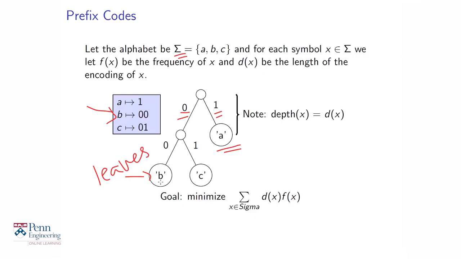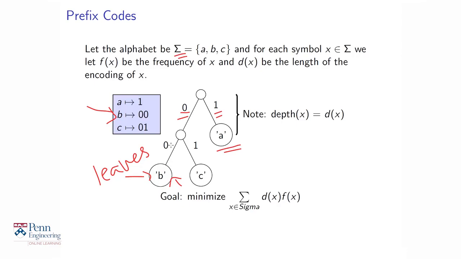For example, the length of the code word for B is just the depth. I mean, what is the length of the path from the root to that leaf B? It's length 2, so that's the depth of B, and that's going to be the length of the code word for B. So what's the overall length of the coded file that you're going to transmit?